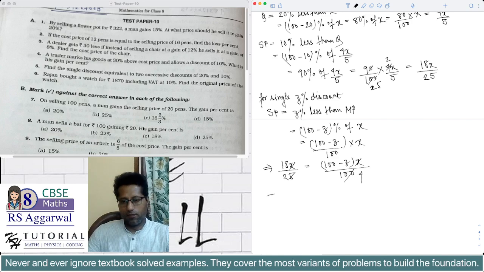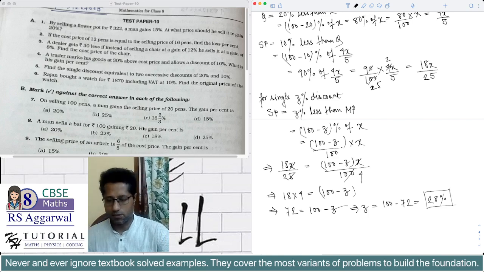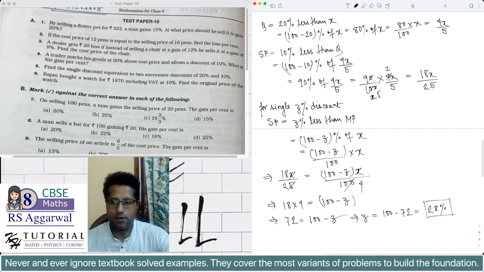Now if we do cross multiplication, we have 18 multiplied by 4 is equal to 100 minus Z. So this implies 72 is equal to 100 minus Z, and this implies Z is equal to 100 minus 72, which is equal to 28%. So the single equivalent discount to two successive discounts of 20% and 10% is 28%.